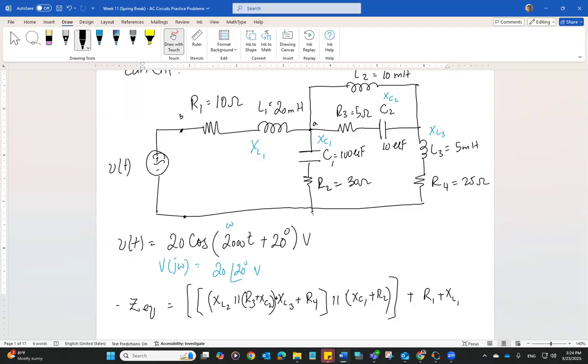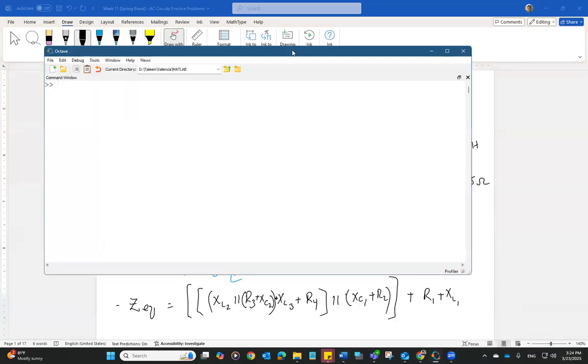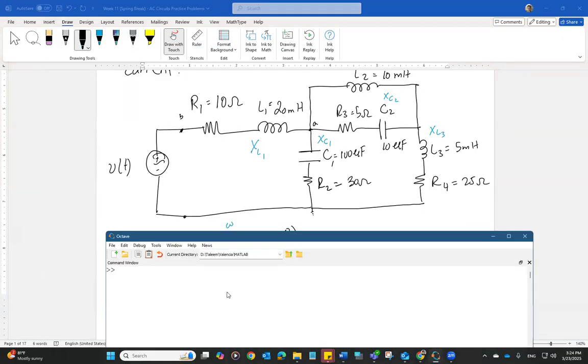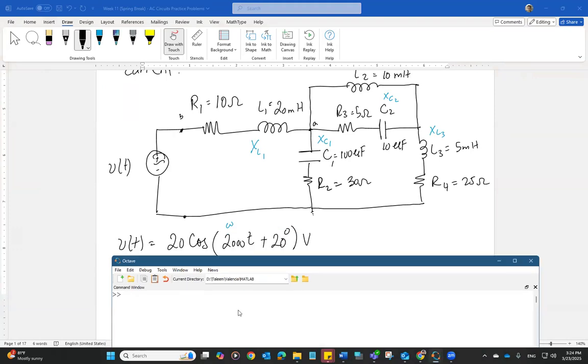So let's go ahead and open my Octave, and let's enter our numbers. So my V is, and again in MATLAB, you cannot really enter polar form of complex numbers. So I'm going to convert that number into rectangular form.